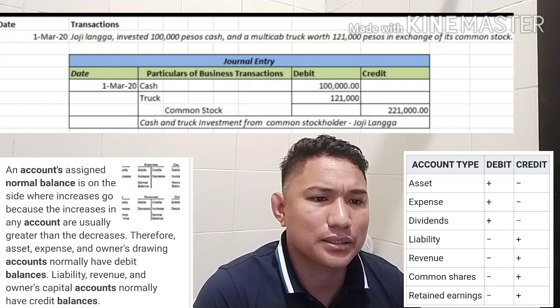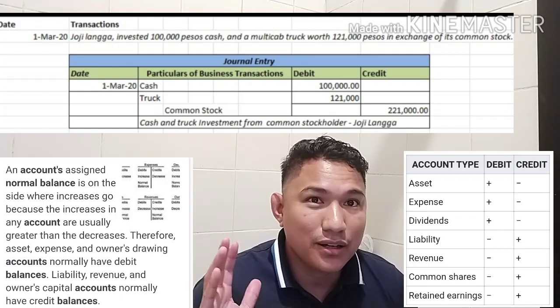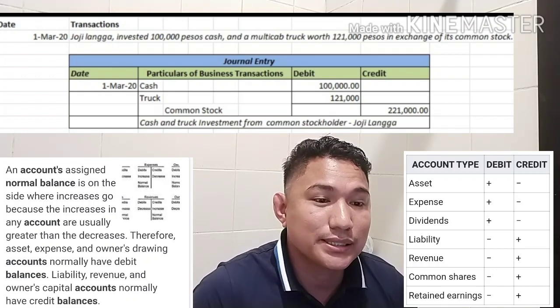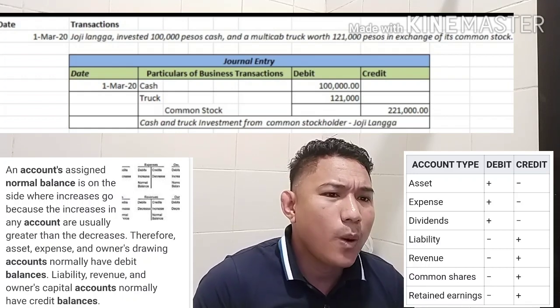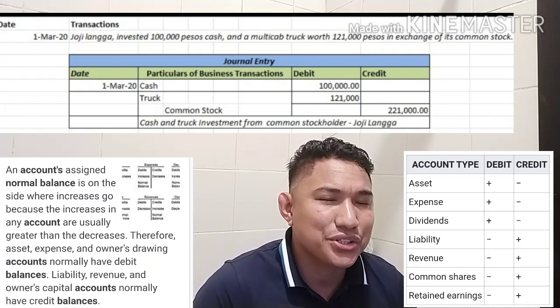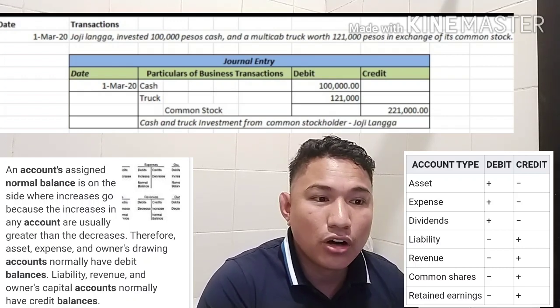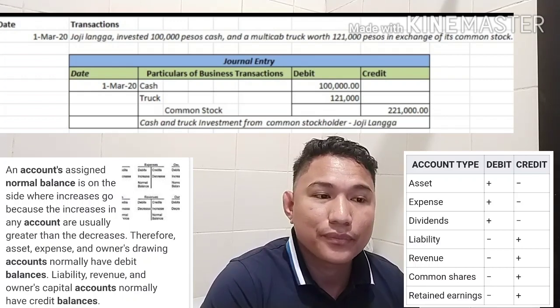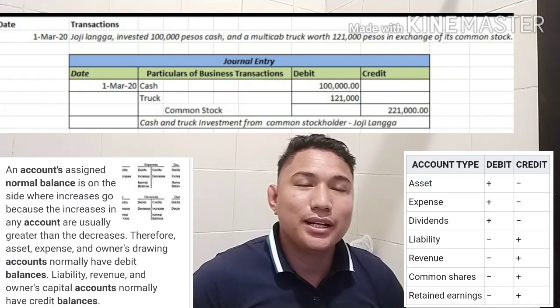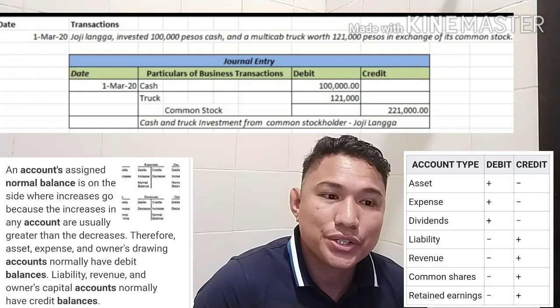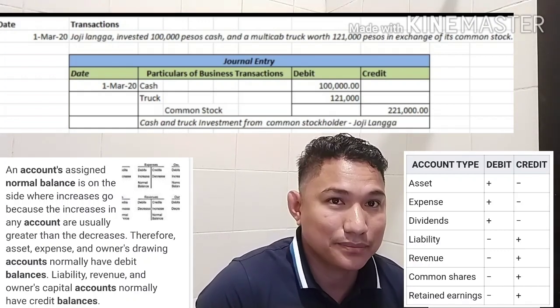You will ask, okay, I don't have a question with the date, it's very understandable. But why should I put the cash in the debit side and truck in the debit side and common stock in the credit side? As I discussed a while ago, cash and truck are assets.